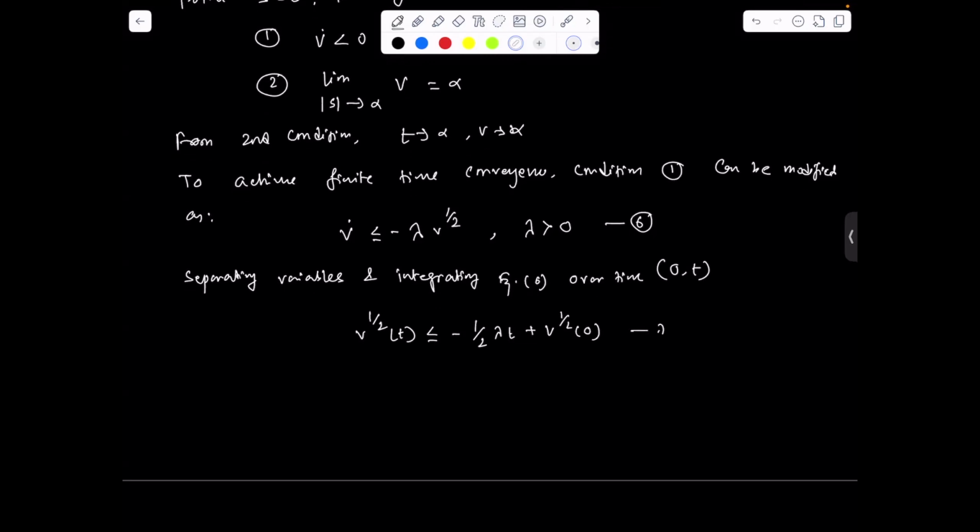So this is equation number 7. If you integrate equation 6, you will get the expression.